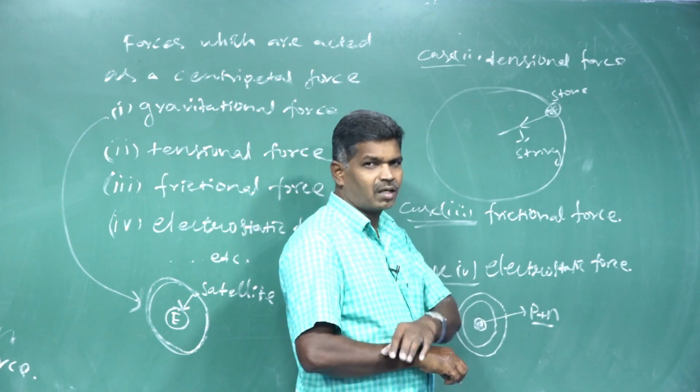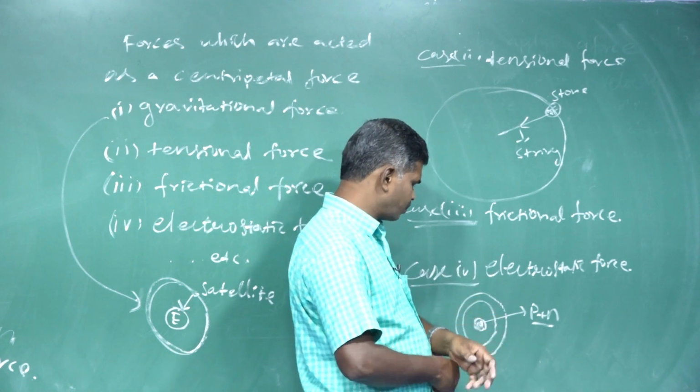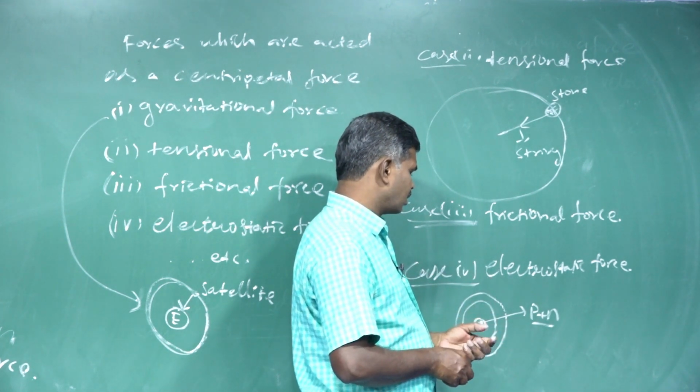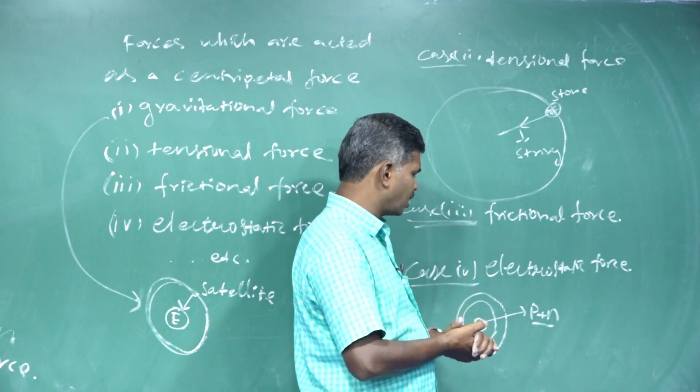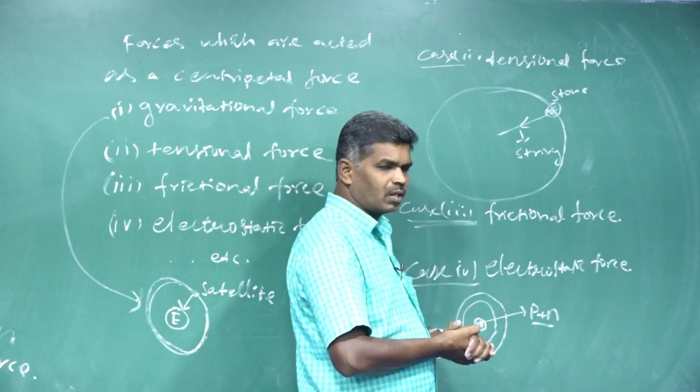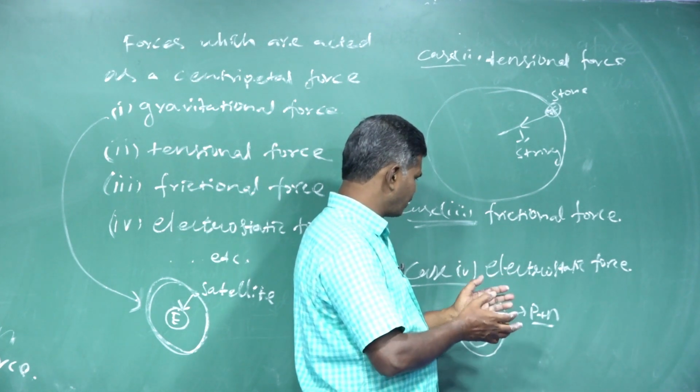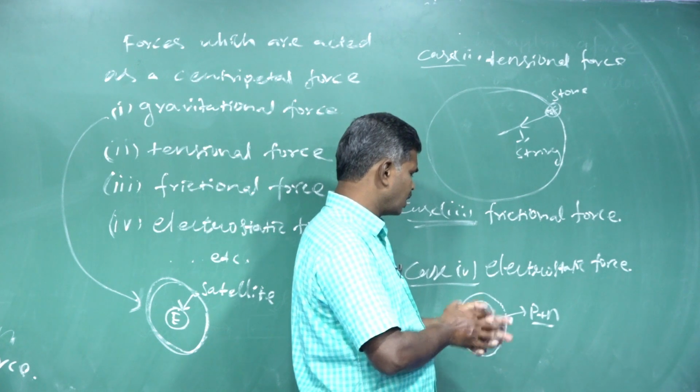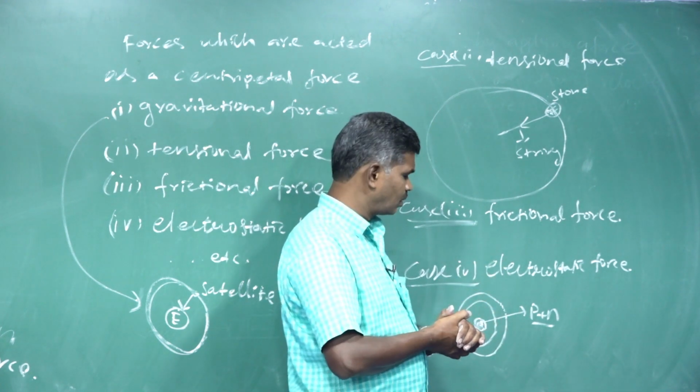It may be a permitted orbit. Electrons can revolve in permitted orbits. While revolving in a permitted orbit, the electron makes a circular motion.